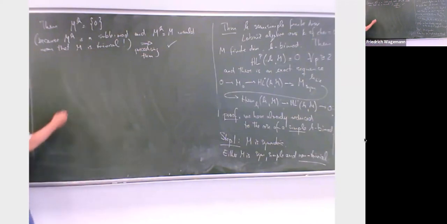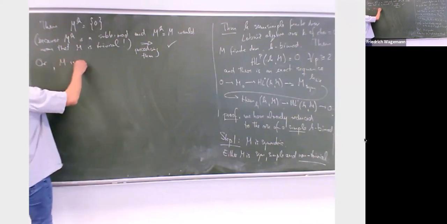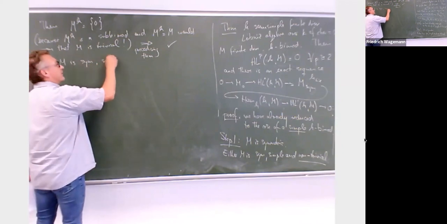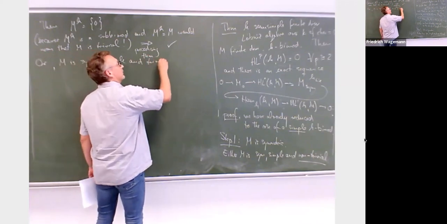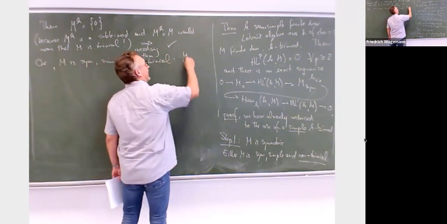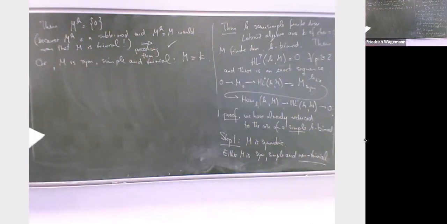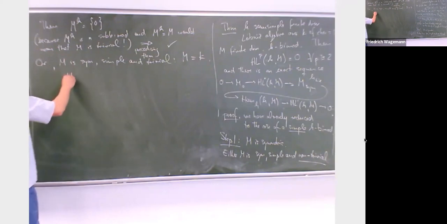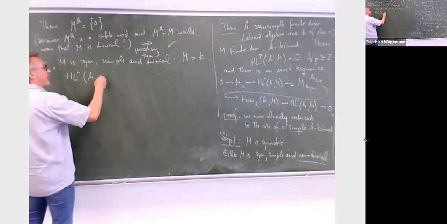Now, or M is symmetric, simple, and trivial. M is equal to K. So what happens for the case M equal to K? Then, as before, we shift arguments.